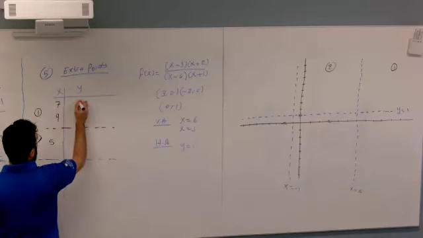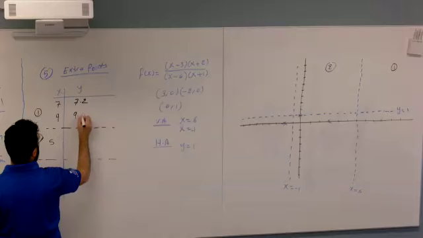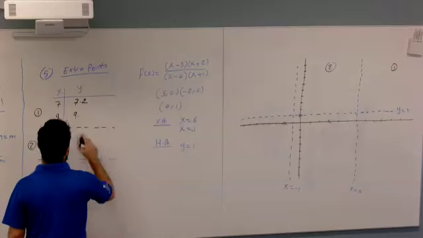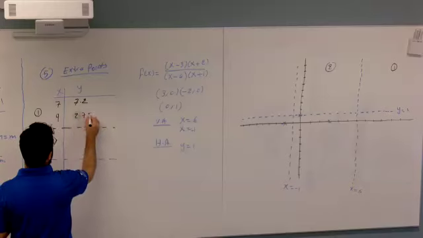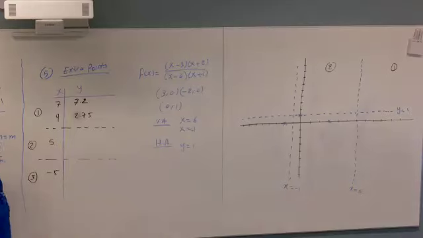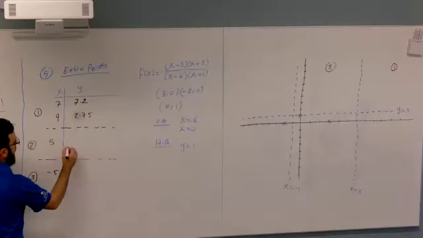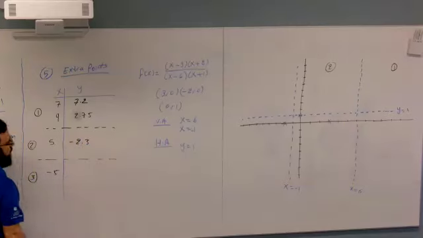For 9, I got 9 and 2.75. 2.75, okay. On 5, how much you got? 5, I got the negative 2.33. Negative 2.3, that's it. For negative 5.